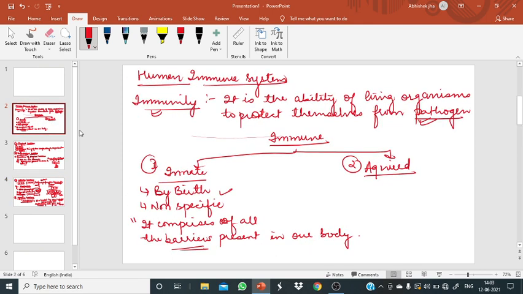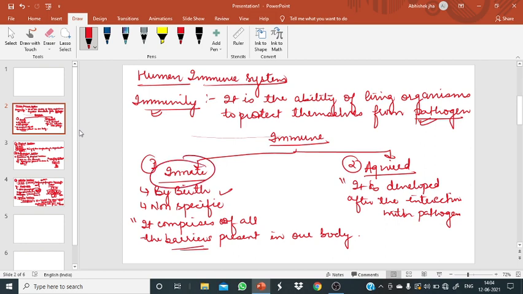As the name suggests, acquired immunity is developed after the interaction with pathogen. As innate immunity is present by birth in an individual, acquired immunity is developed after the interaction with pathogen.